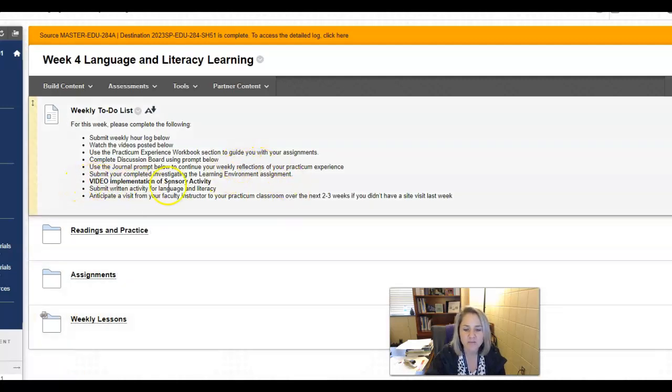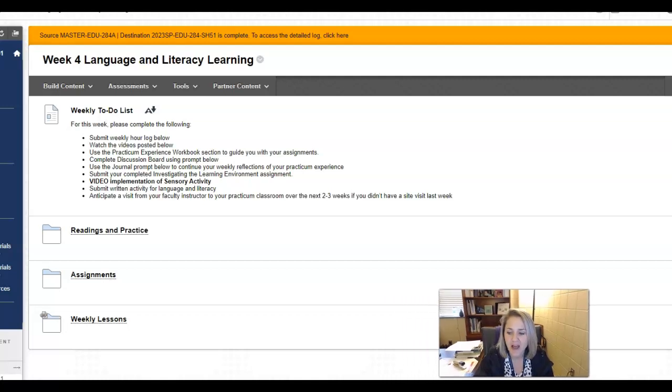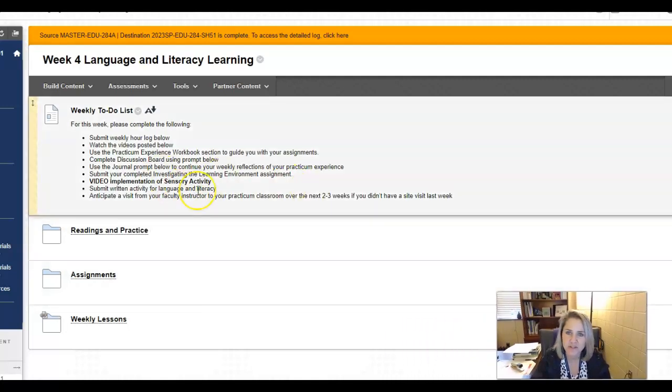One thing that I did want to make sure that you remember is as you are implementing your sensory activity this week, you need to be sure that you are prepared to video the implementation of the sensory activity. Now, when you video this activity, a couple of things are important to remember.